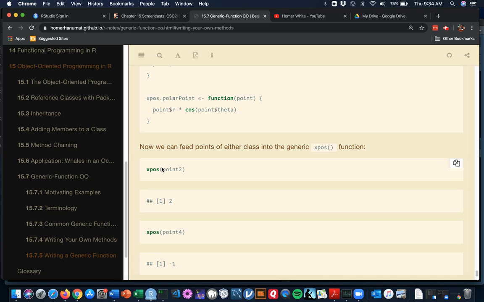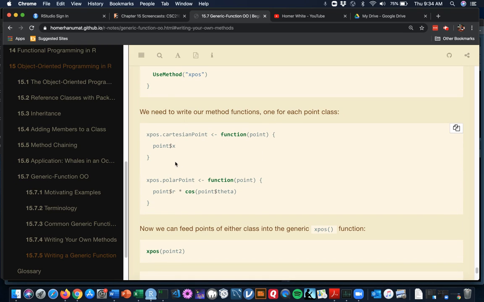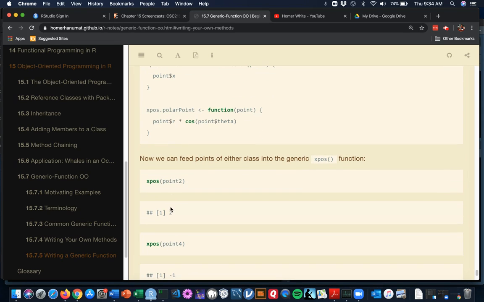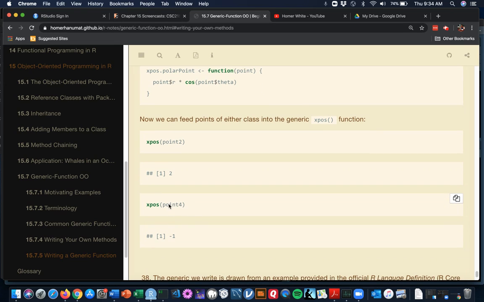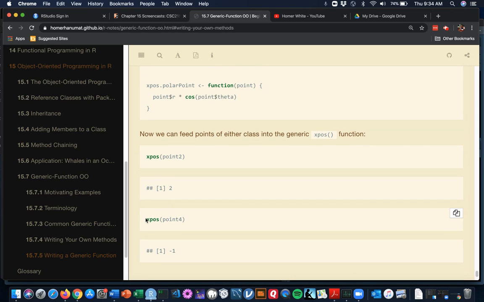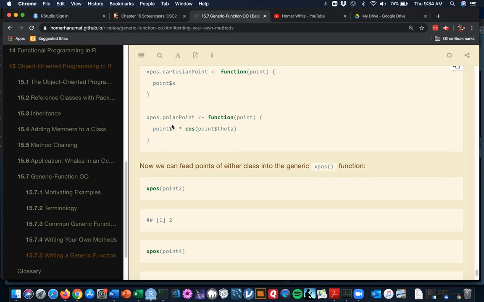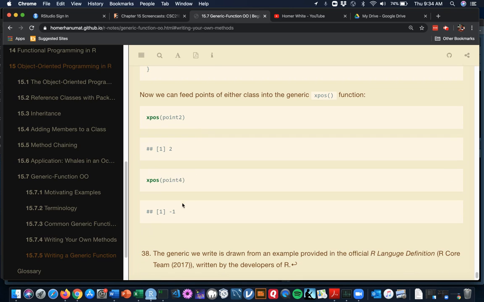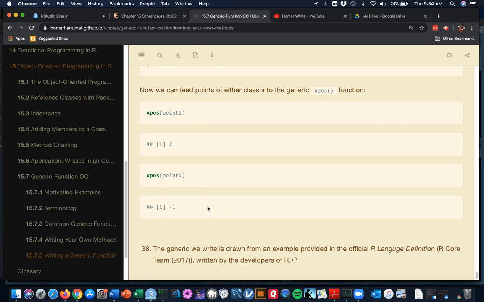If you put that into xpos, it's going to get passed over into xpos.CartesianPoint, and it will pull out the x element. And that was a 2. The x coordinate was a 2. On the other hand, take point 4, which was a polar point. If you ask for the xpos of it, then we're going to pass over to the polar point method and do the math conversion and get out -1 for the x position.